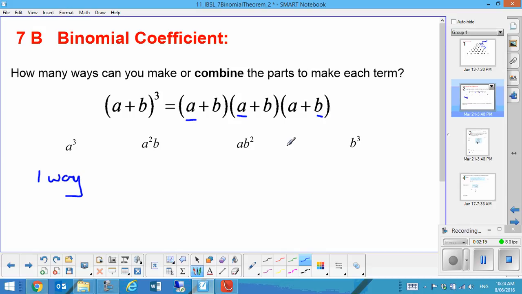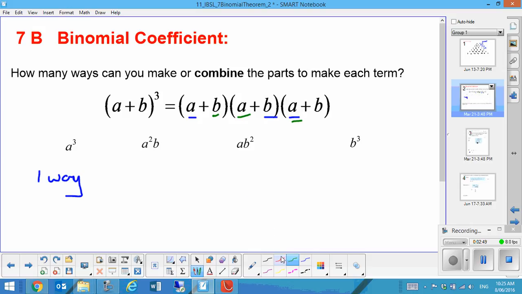Or we could have done a times b times a, or we could have taken this b and that a and that a.